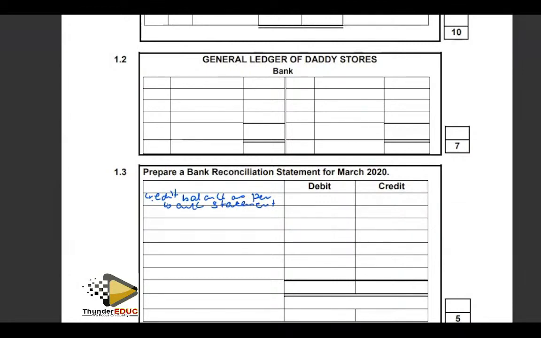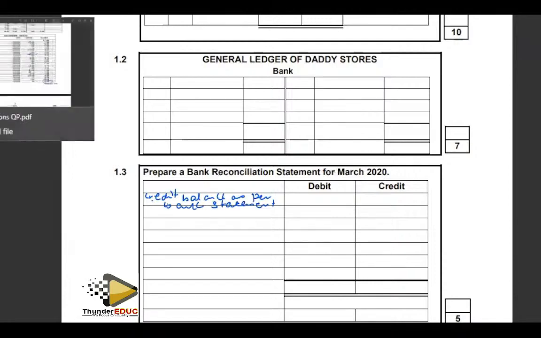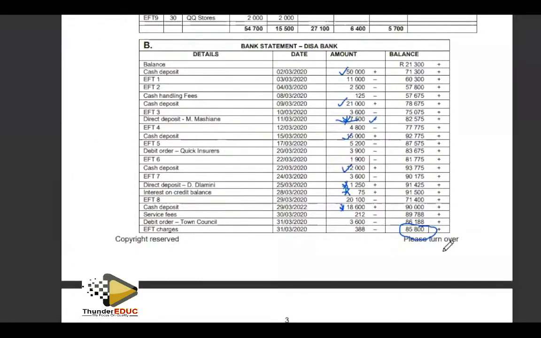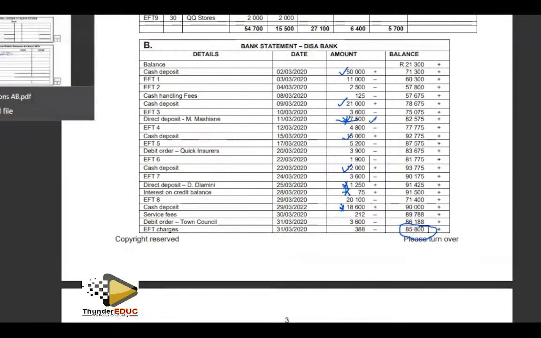Let me check here. Okay, where do we get the credit balance? We get it from 8,800, okay? This is our credit balance. So it's what I'm going to start with in the reconciliation.